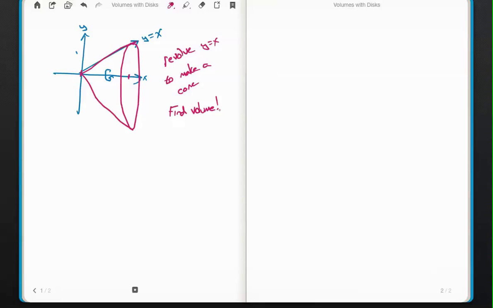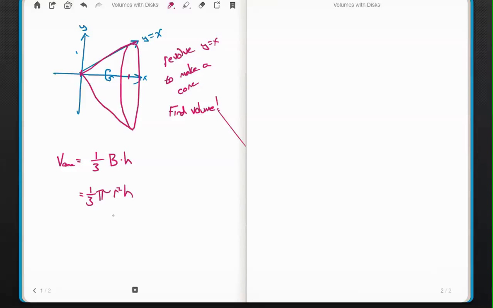Now, the obvious question may be, well, we have a formula for a cone. We know the volume of a cone works out to be one third of the area of the base times the height. That works out to be one third times pi times the radius squared times the height. This is the volume of a cone. So why do we bother finding the volume of a cone using all this?